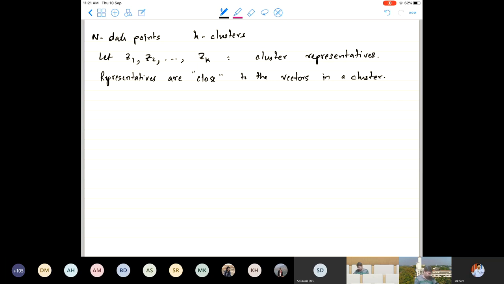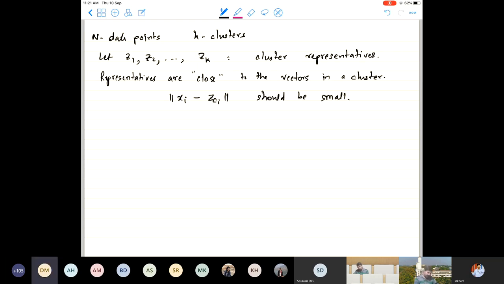When we say closeness, the closeness is related to a distance. So suppose you look at the ith vector, then the distance between xi and Zci should be small, as small as possible.